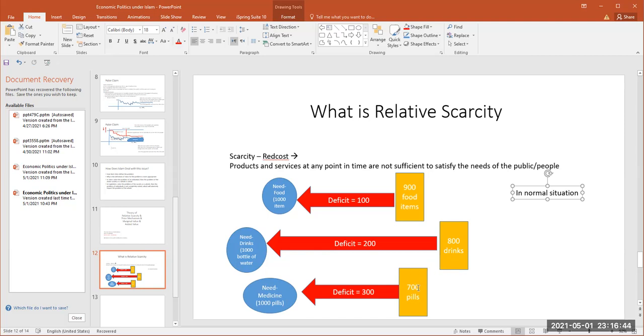That's what's available. And there will always be more people, more needs than less, which means that for food in a normal situation, there will always be a deficit.